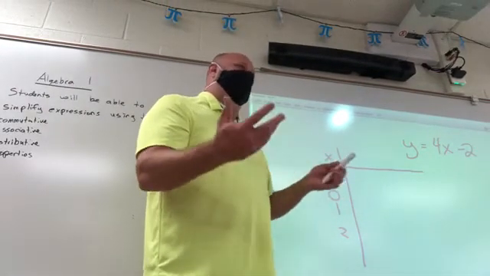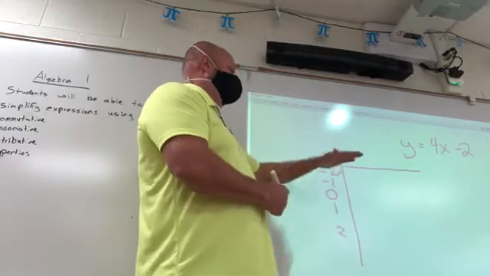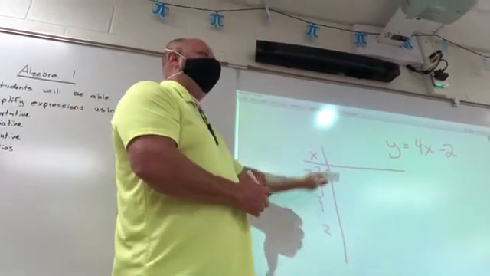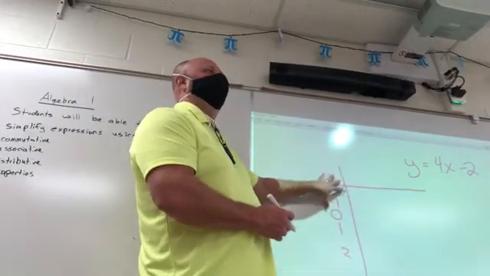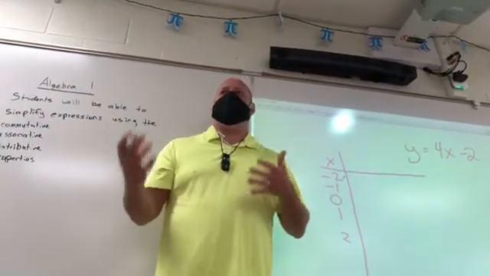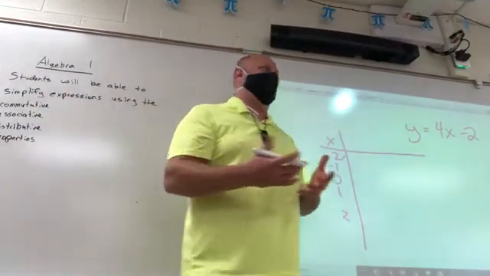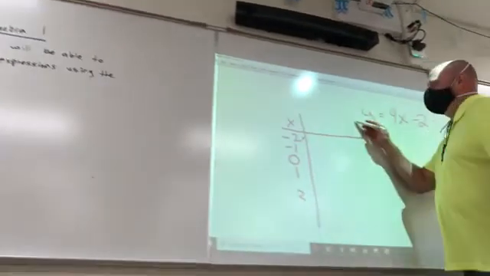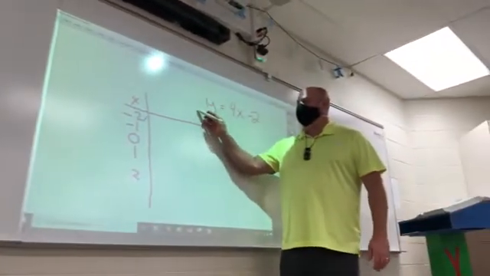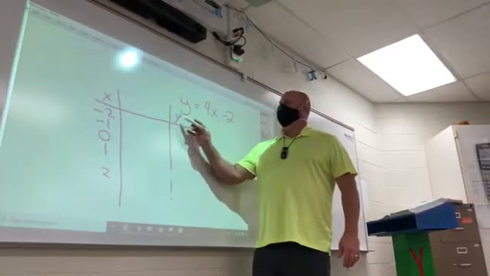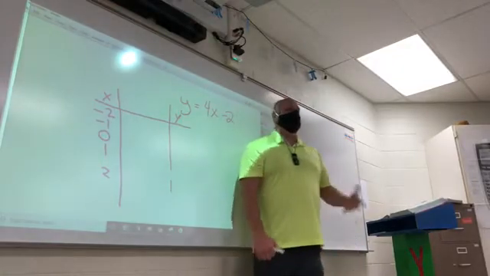No, I don't want to go ugly decimals if I don't have to. So I'm going to pick small numbers. But I also want some positives and some negatives just to see, does the negative have an effect here, right? And then those are going to be the numbers that we plug in. And then we got to figure out what kind of numbers we get out.